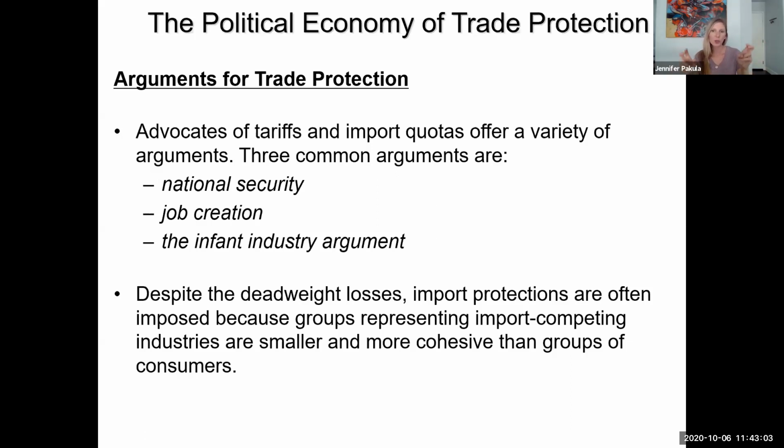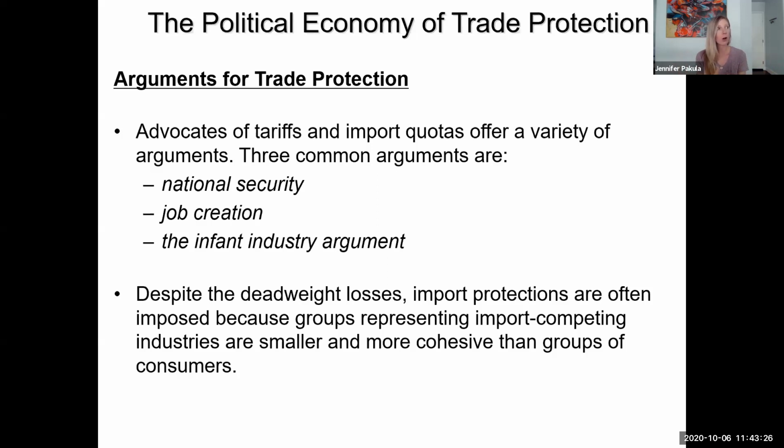The losers of trade are producers. Producers are often a small group and they're very cohesive. They can lobby, they can have more clout in political areas to have policies go through to protect their domestic industry.